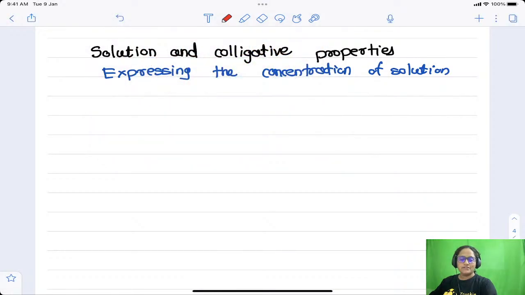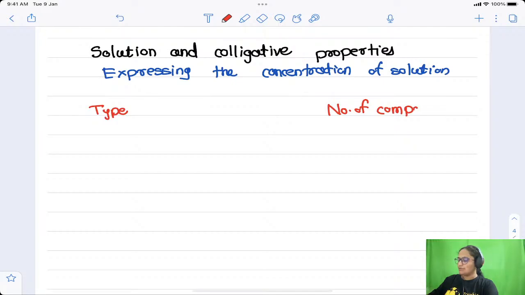As far as solutions are concerned, there are different types of solution based on the number of particles present in it. That I am going to explain first. So the types of solution based on the number of components.